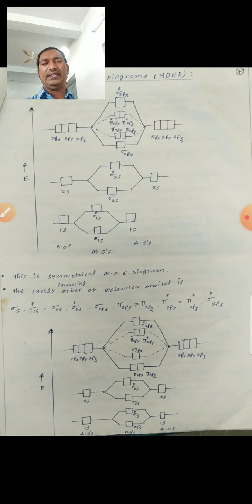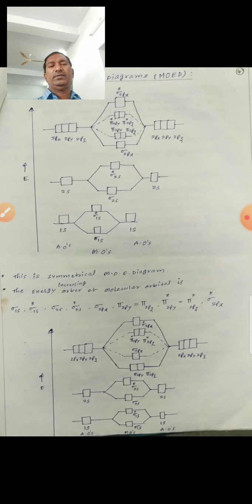Next, the energy increasing order of these molecular orbitals is: sigma 1s less than sigma star 1s, then sigma 2s, sigma star 2s, sigma 2px, then pi 2py equal to pi 2pz. Both have the same energy.